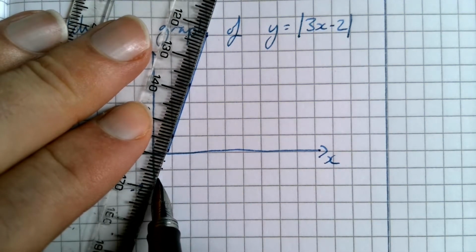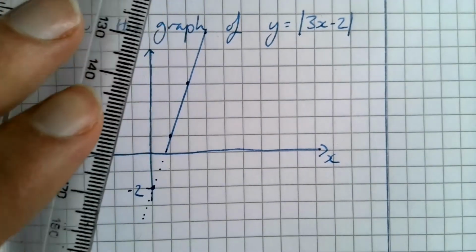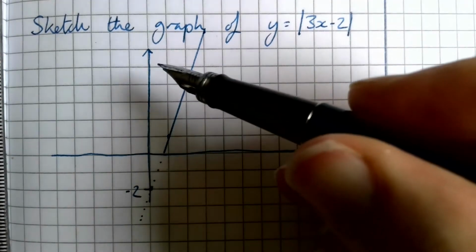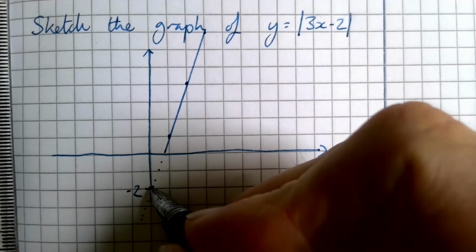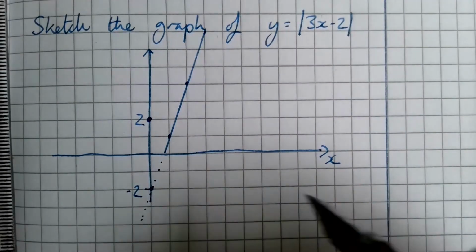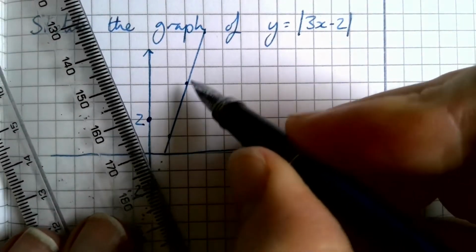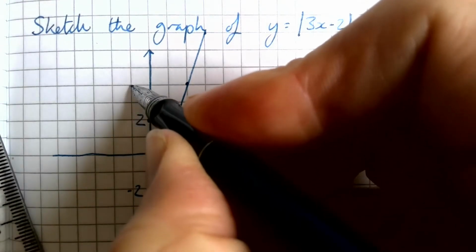But I'm just going to put a little dot here because this isn't what I want anymore. Everything that's dotted below is going to be reflected above as it becomes positive. So the easiest point to pick out would be that one there, the 2. And then I'm thinking, well, my gradient's going to be -3 instead of +3. 1 2 3.